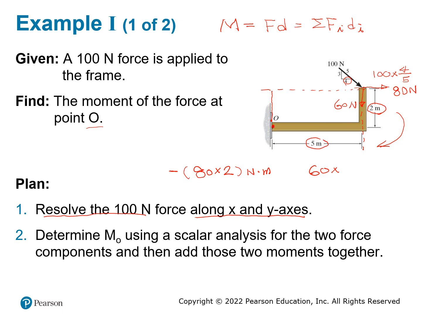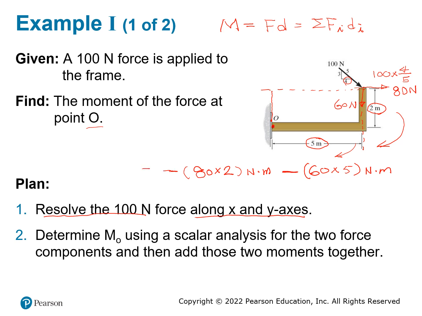This is the perpendicular distance from the point O to the line of action. So we're going to multiply it with 5, and again this unit is going to be Newton times meter. And then let's think about what is the direction of this rotation. This force is also going to make this turn this way, so it's going to be clockwise as well, so it's going to be minus as well.